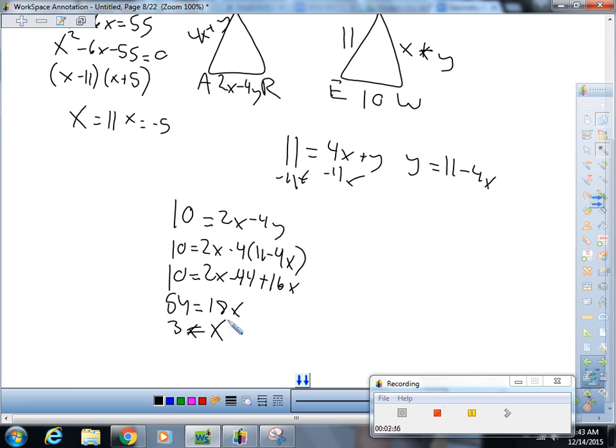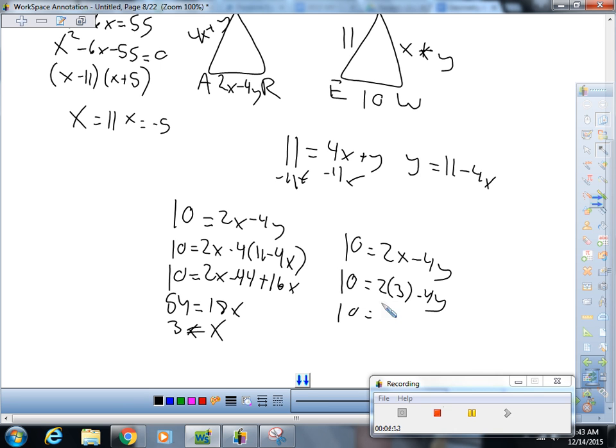Okay, so then I have 10 equals 2x minus 4y, and since x equals 3, 10 equals 2 times 3 minus 4y.